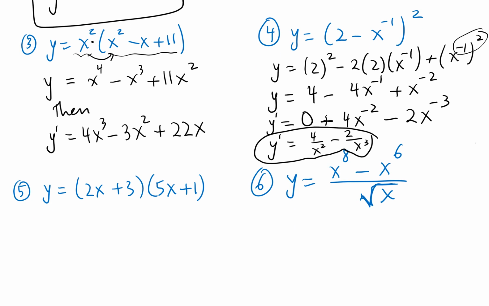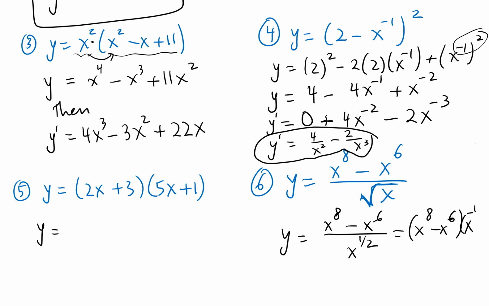The next one, as a hint, and I'll give you 3 minutes to try it, try to multiply this out, FOIL it, then find the derivative. And for 6, there's 2 methods to do this. You can rewrite the denominator as x to the 1/2, and then you can either split or bring it up, x to the 8 minus x to the 6 times x to the negative 1/2.